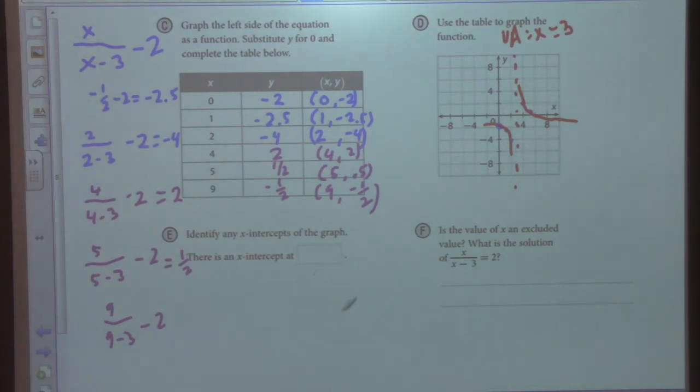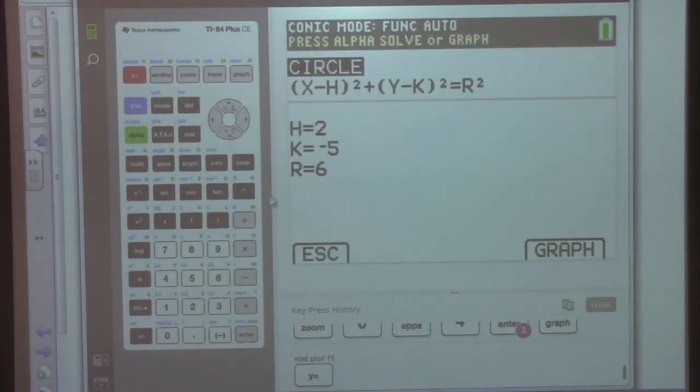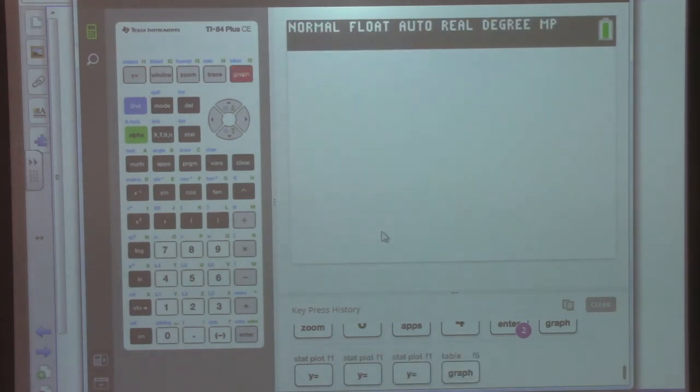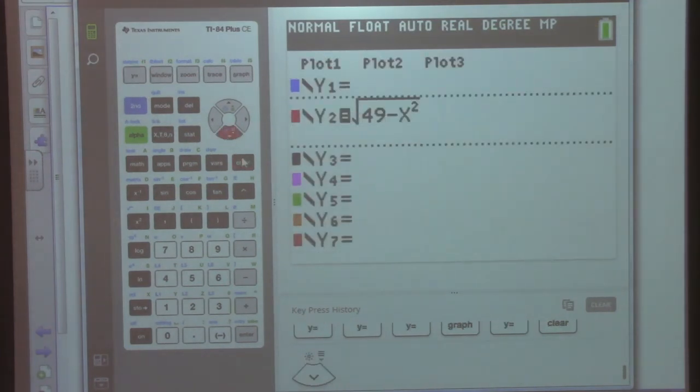Okay, let's go ahead and graph that in the calculator here. Oops, let me escape, quit. Okay, there we go. So what we have here is, let me clear off here.